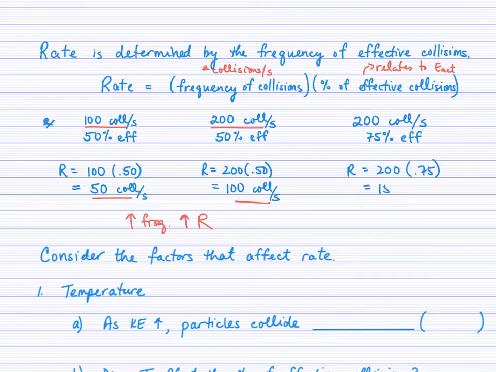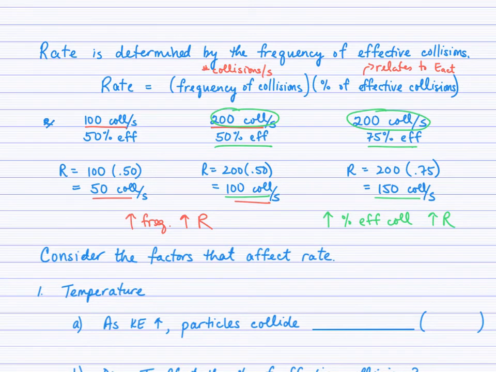So we'll come up with 150 collisions per second. So have a look now that when the frequency was kept the same and we changed the percent effective, we increased it. Look at what happened to the rate. The rate also increased. So increasing the percent of effective collisions will definitely increase the rate.